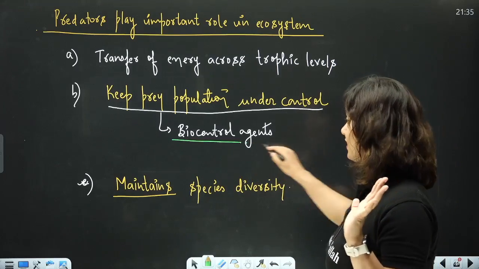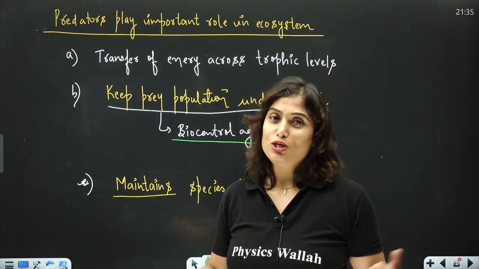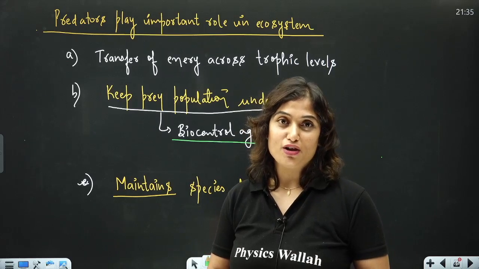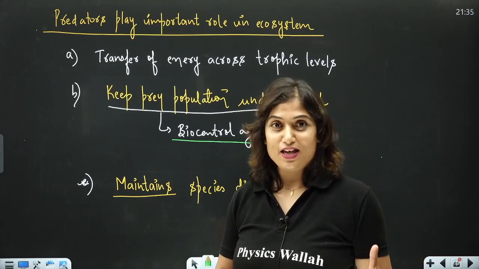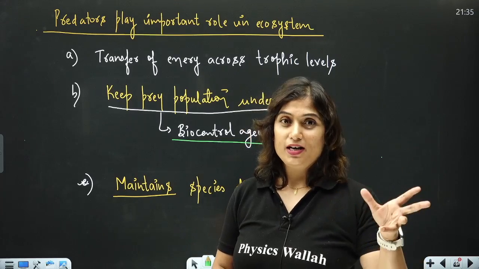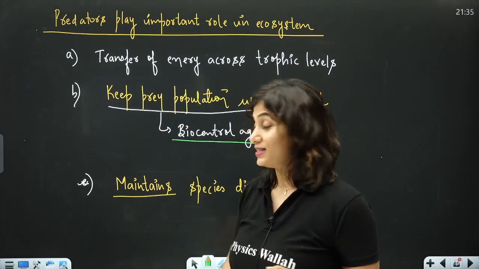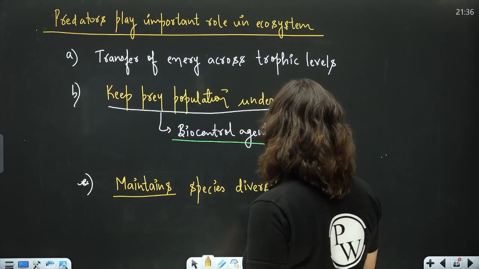And all those organisms which naturally kill their prey can be used as biocontrol agents. I have told you this in microbes in human welfare. I told the example of a ladybird which naturally kills aphids. So it's a natural predator of aphids. I have given you the example of dragonflies, which feed on mosquitoes, right?